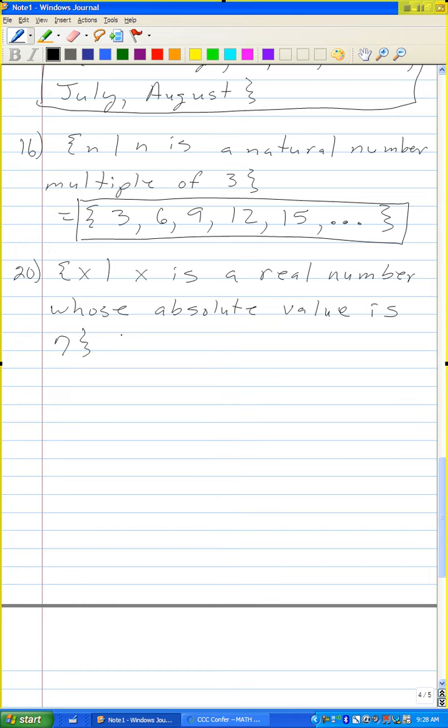In this case, it could either equal -7, because the absolute value of -7 is 7, or +7. And so in this particular case, there are two members of the set.